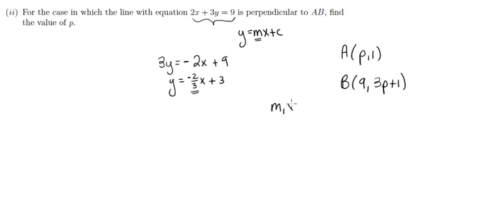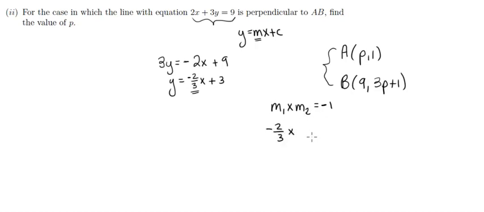So now, we know that the gradient of one line times the gradient of its perpendicular line should always give us minus 1, so we can get the gradient of AB. We can take m1 as minus 2 over 3.